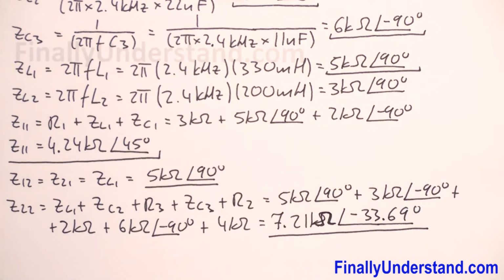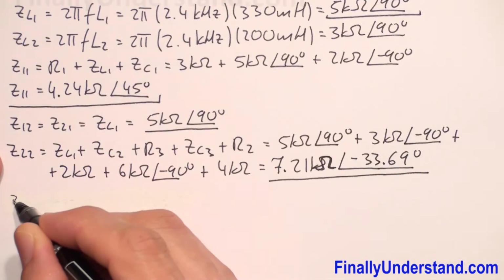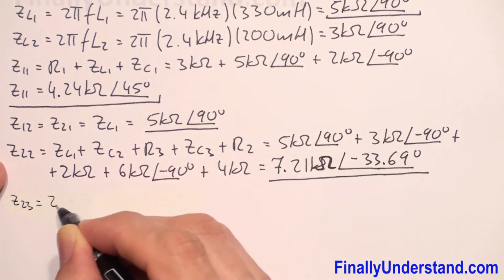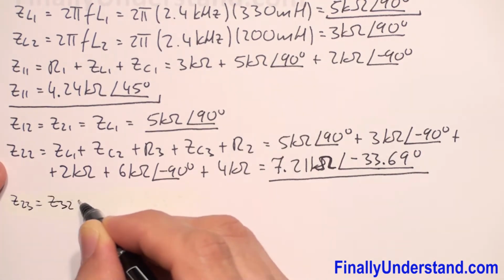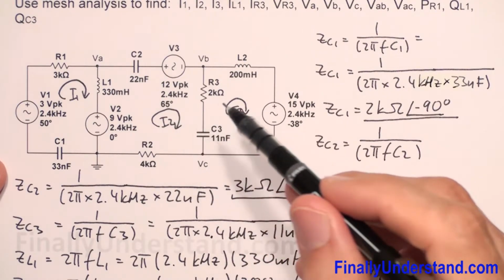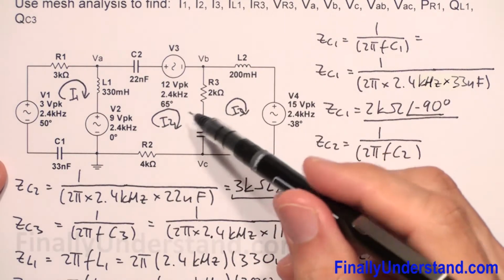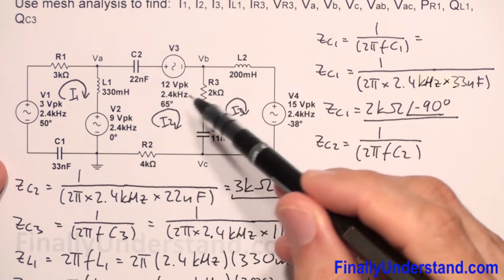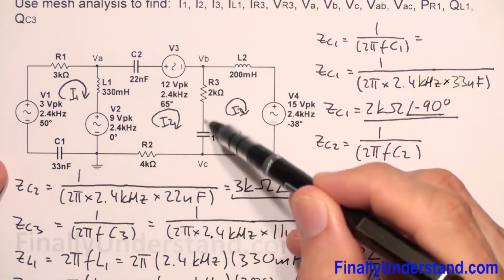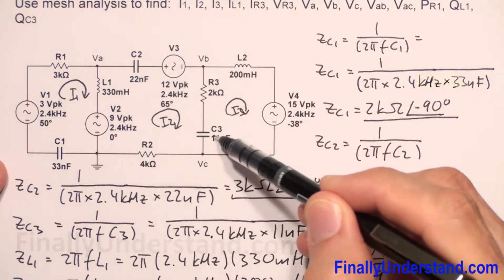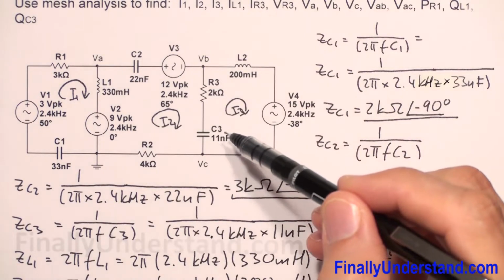Okay, so next we're supposed to find Z23, which is equal to Z32. This is the impedance between loop 2 and loop 3. The impedance between loop 2 and 3, or 3 and 2, is the sum of these two impedances, I mean R3 plus ZC3.